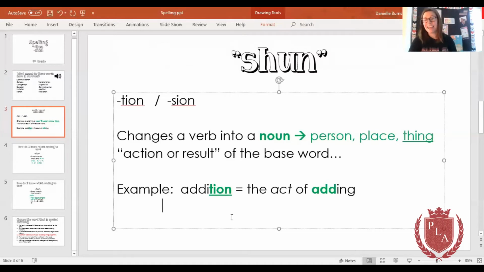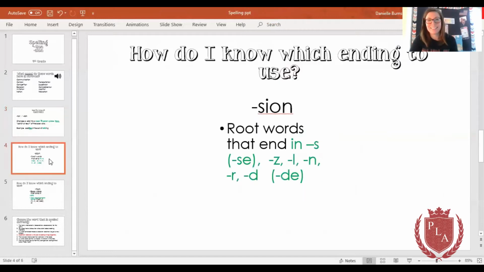It's the act of adding. So this ending, this suffix, changes what the word becomes. Now you might be asking yourself, Miss Burns, I know that I hear shun and I know what it does to the word, but I don't know which one to use when. That's what we're going to talk about next.